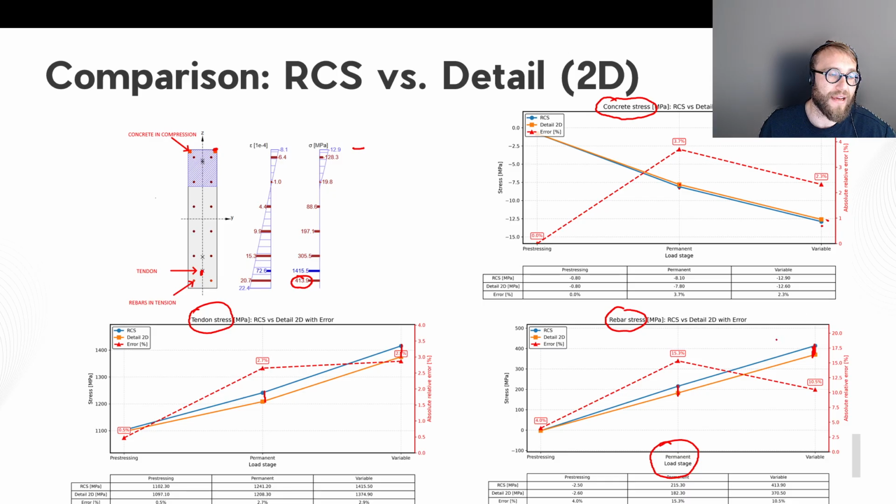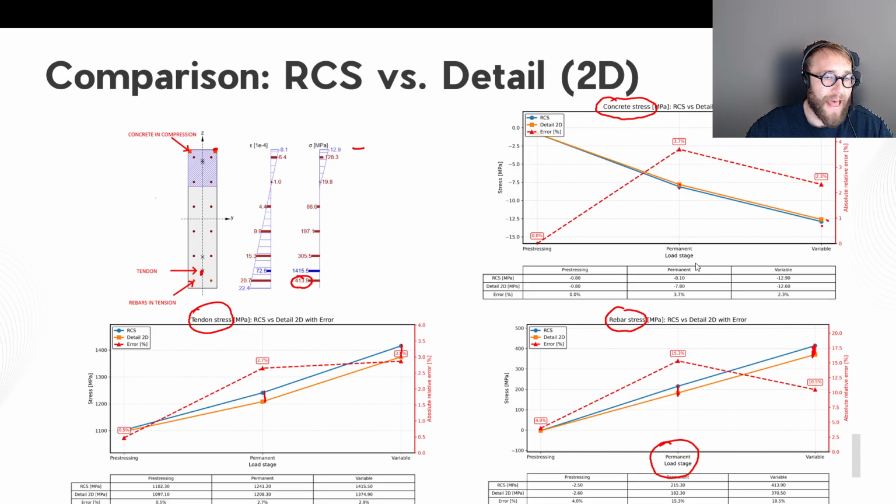This is the end of the design working life for this beam, and this is the last increment, which is variable. So we can see that the biggest portion of the discrepancies is leaning on the rebar.